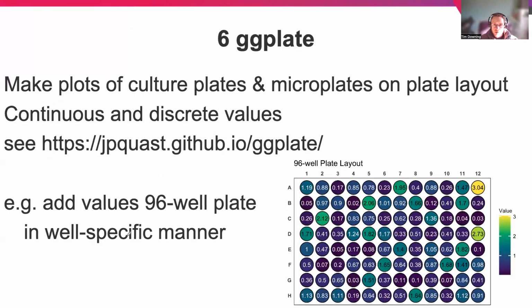In our ggplate lab, what we're going to do is make plots of culture plates and microplates using appropriate plate layouts, like 96, 48, 384 ones, like you might have here, where you have the measurements inside each individual well that's of interest. And we're going to use some code from this location here as well.